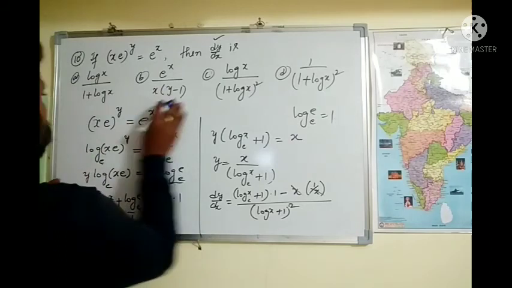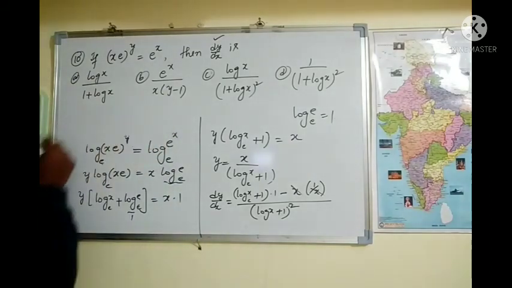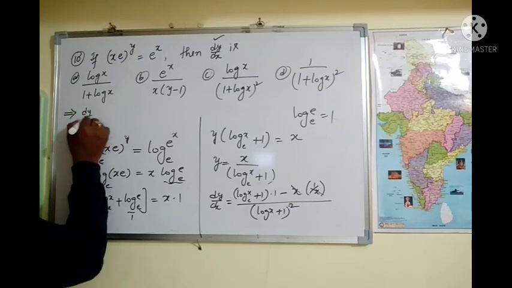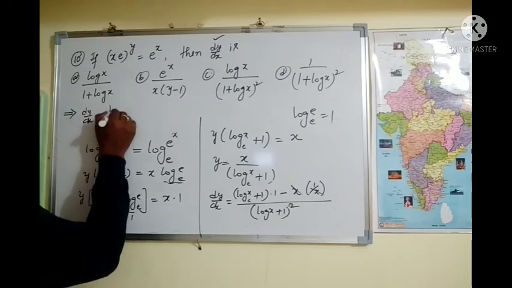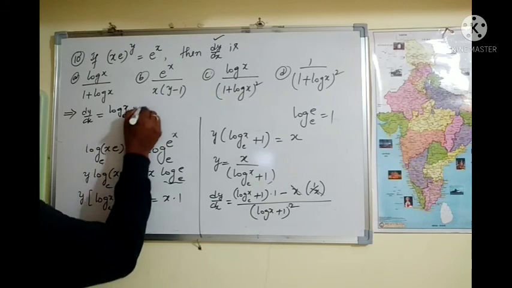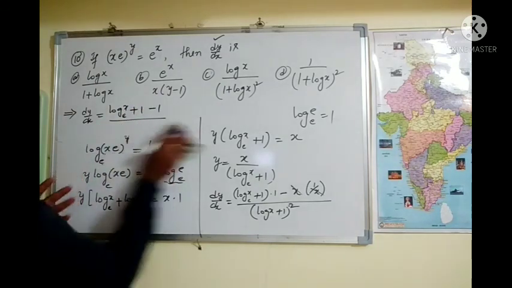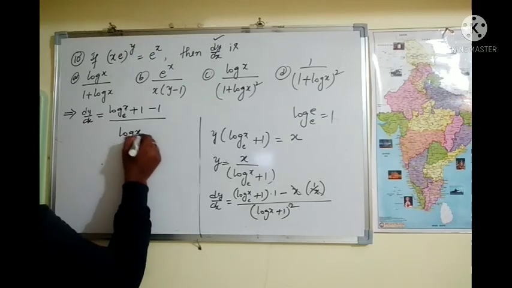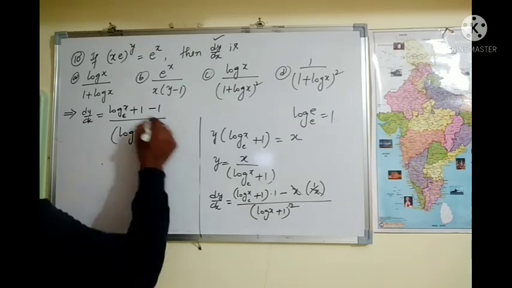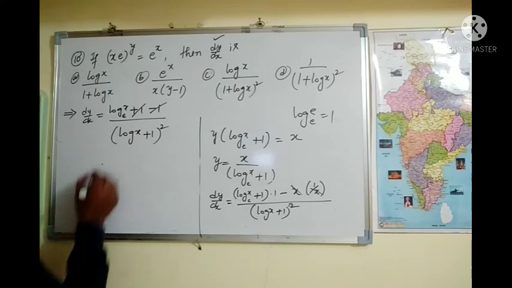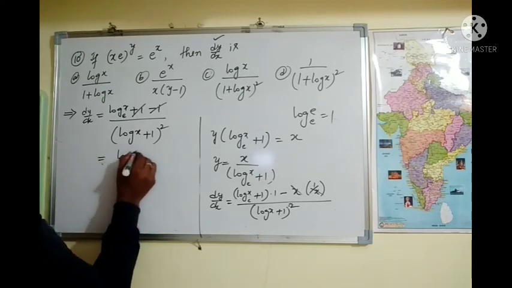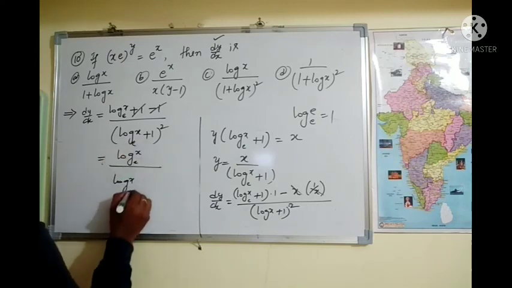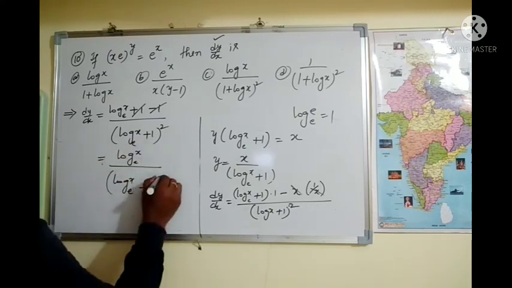This implies dy by dx is equal to (log x plus 1 minus 1) divided by (log x plus 1) whole square. See, plus 1 minus 1 gets cancelled. Here we get log x base e divided by (log x base e plus 1) whole square.